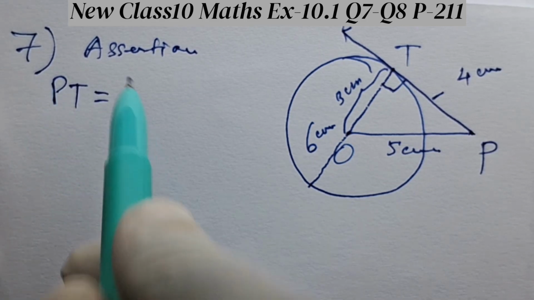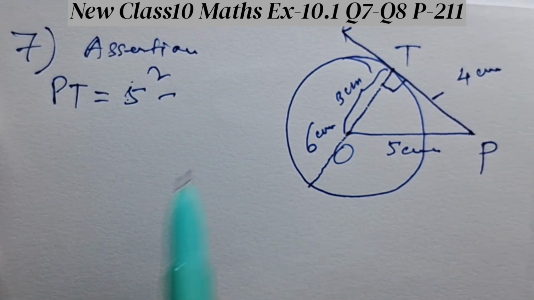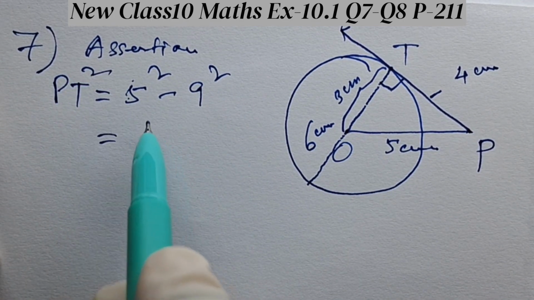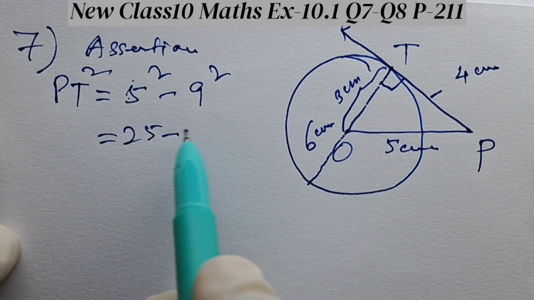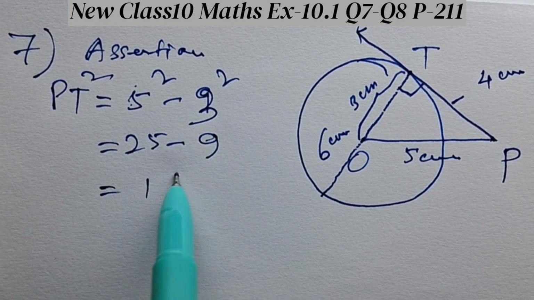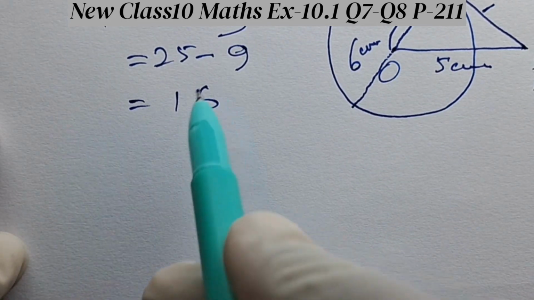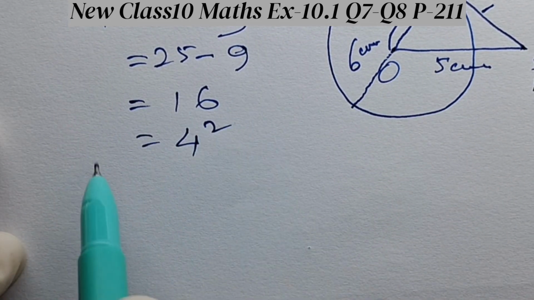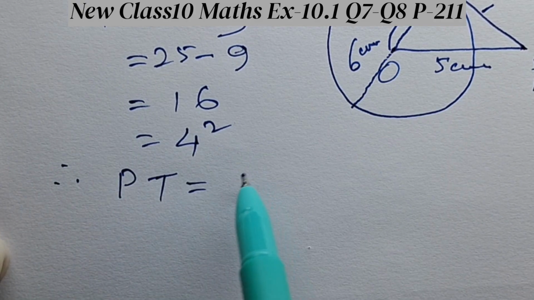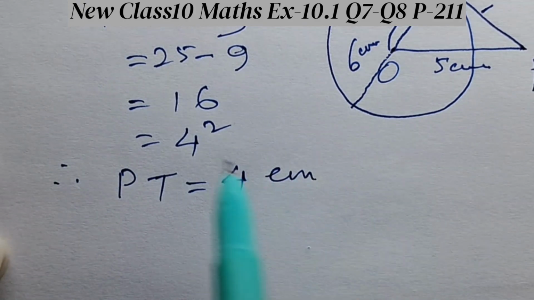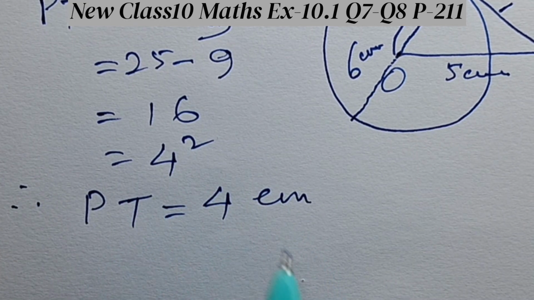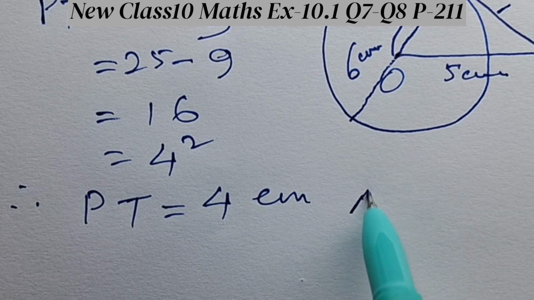PT squared equals 5 squared minus 3 squared, which is 25 minus 9, equal to 16, equals 4 squared. Therefore PT equals the positive square root, 4 cm. So the length of PT is 4 centimeters, and the assertion is correct.